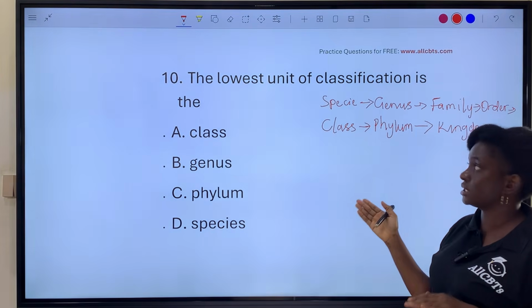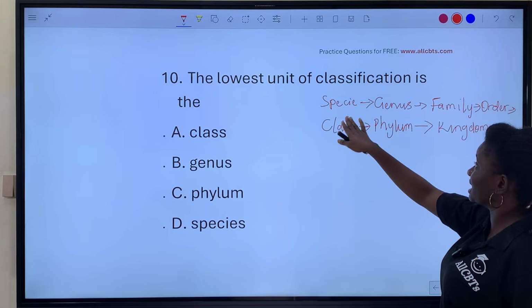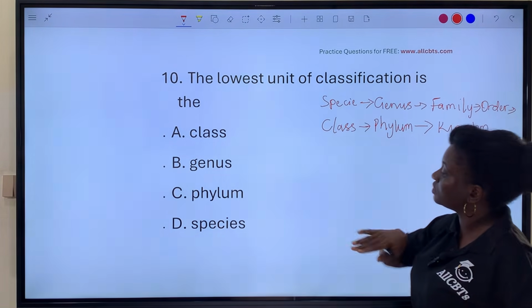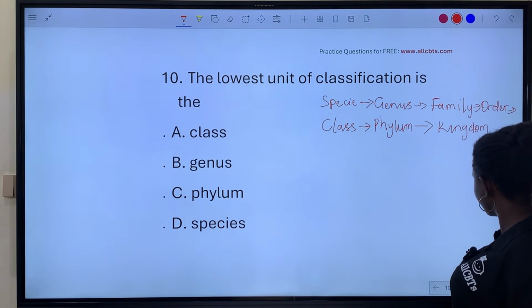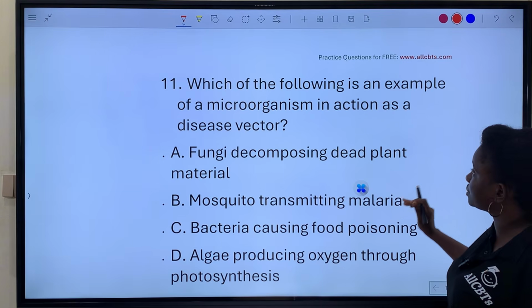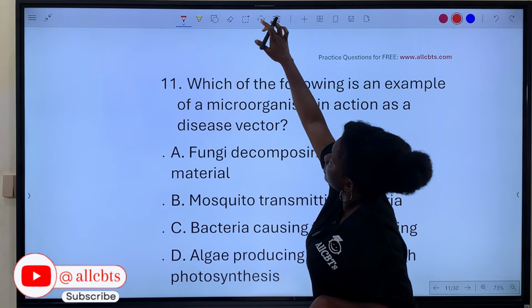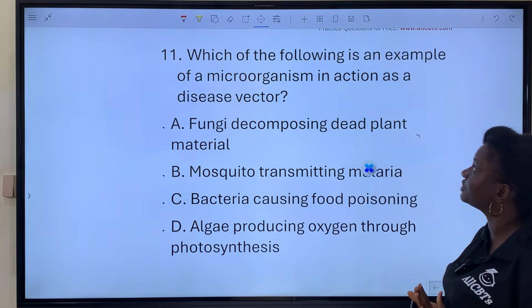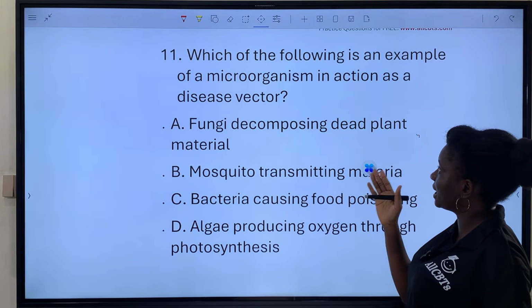So the question is asking which organism harbors disease, like a carrier of disease, and this same organism transmits disease from person to person, right? So for A, we have fungi decomposing dead plant material. You see that this is not looking like it's carrying a parasite or is a disease vector.